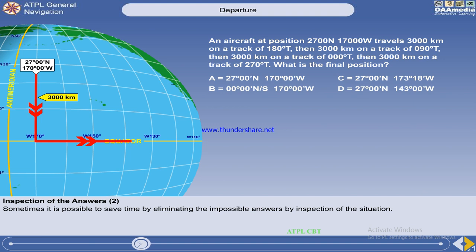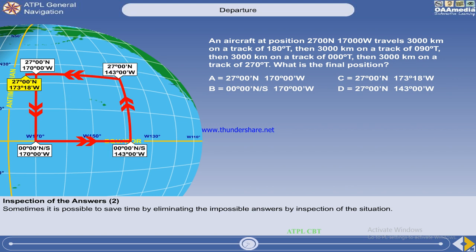If we fly the same ground distance east and west, the change of longitude is greater when flying eastwards at the lower latitude. Therefore, the aircraft will finish up at the same latitude.